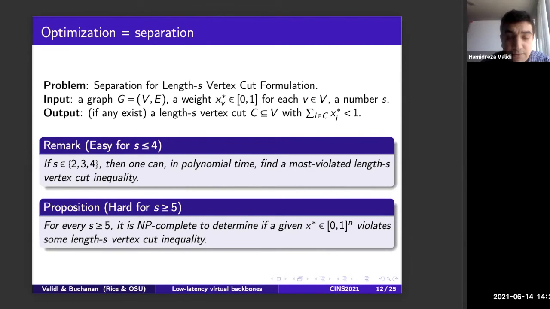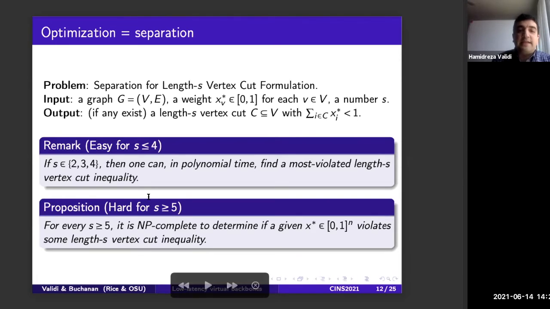Thanks to the nice theorem of optimization equals separation, if we can solve the separation in polynomial time, then we can solve the LP in polynomial time. So the separation problem is that we have an x star, and we want to check if there is a length S vertex cut such that the summation of x_i star is less than 1.